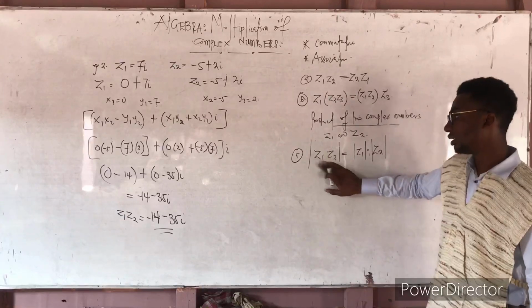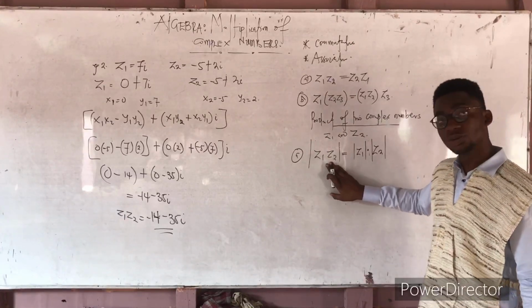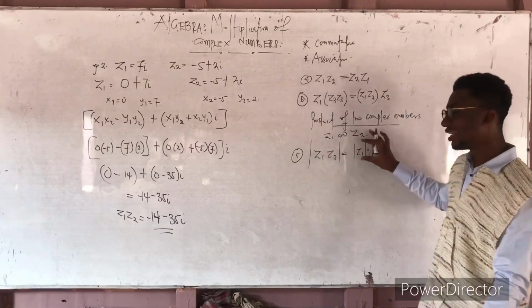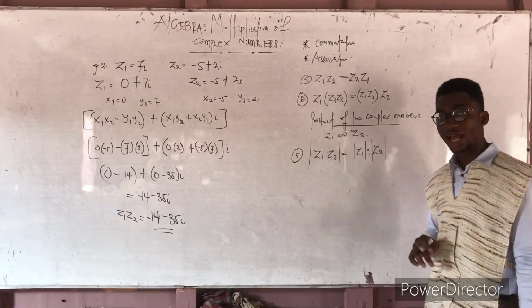So if you take the modulus of their product z1 z2, it's equal to finding the individual moduli and multiplying them.